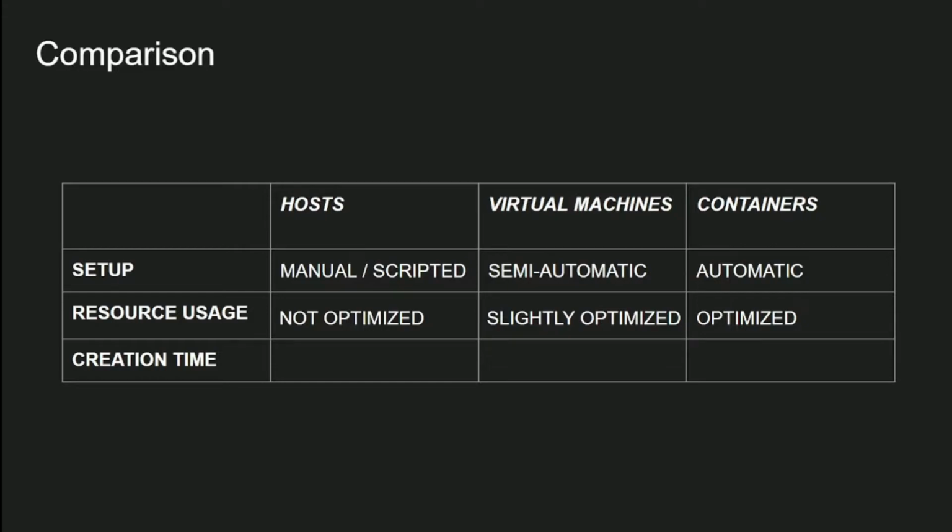In terms of resource usage, our third place goes to hosts, again, because they're not quite optimized. Once you have allocated the hardware to a host, you can't do much about it. And if your application on the host consumes only 20% of that, you have 80% that's sitting idle. In terms of virtual machines, you can actually scale on the hypervisor.